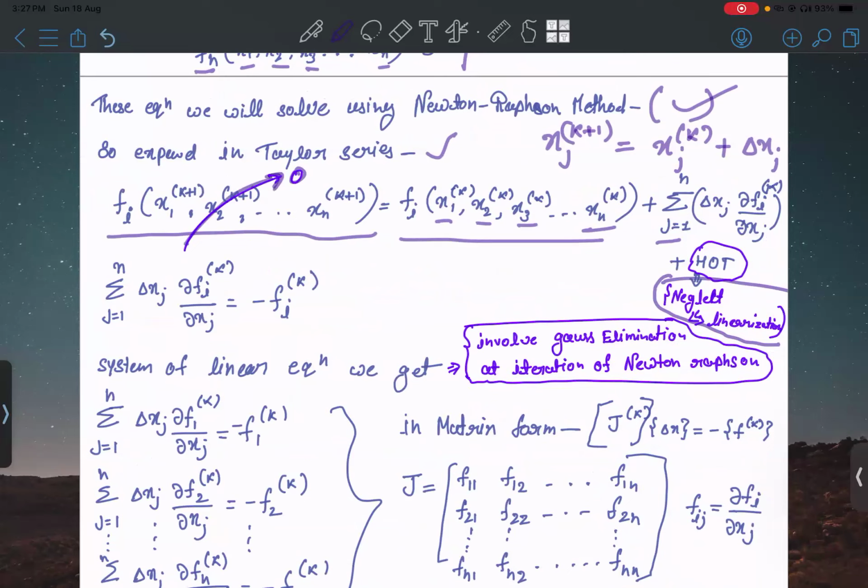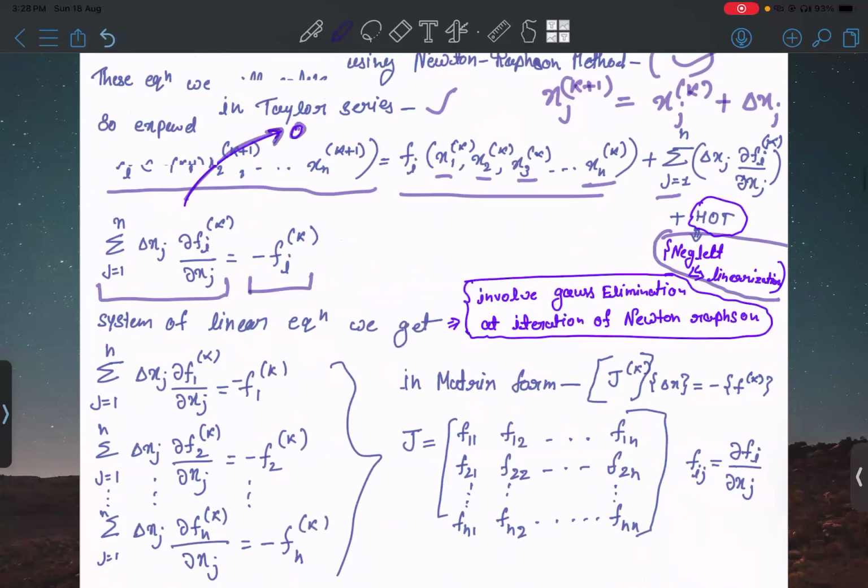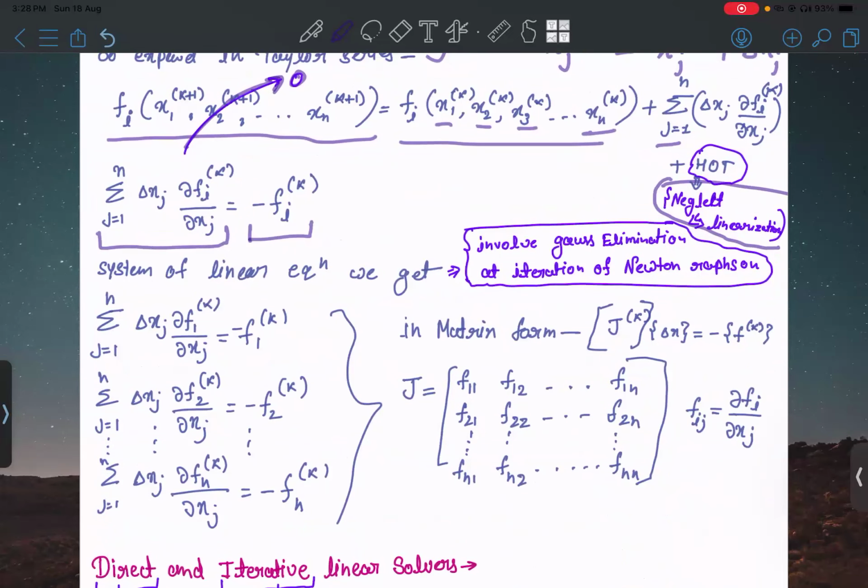Now what will we get? We will get this equal to this. If I simply put in i values, I will get n equations. So the summation over j of delta xj times del f1 by del xj at the kth iteration will be equal to minus f1 at the kth iteration. Similarly, for 2 I will write, for 3 I will write, then up to the nth equation.